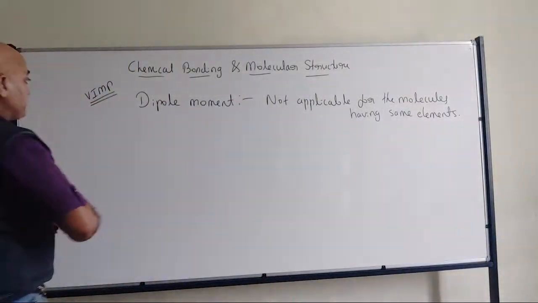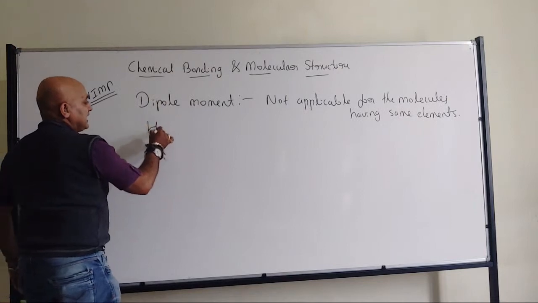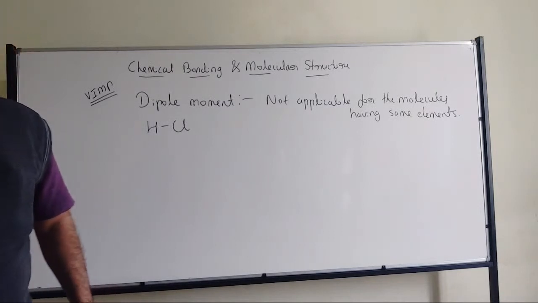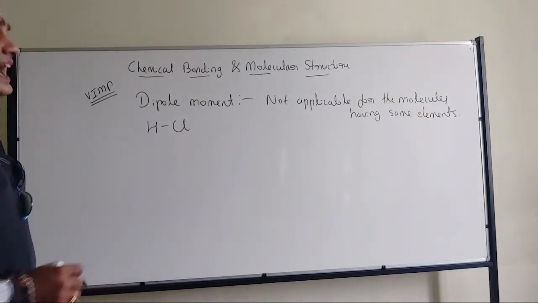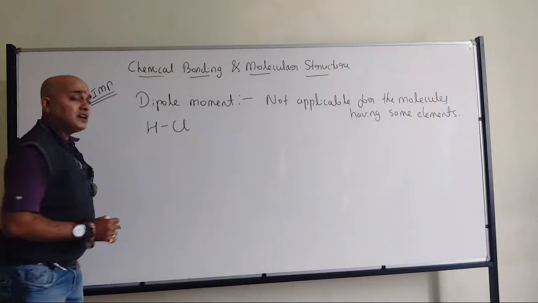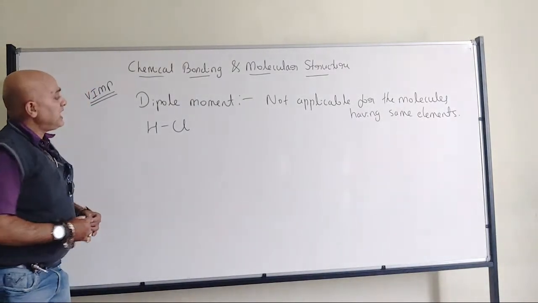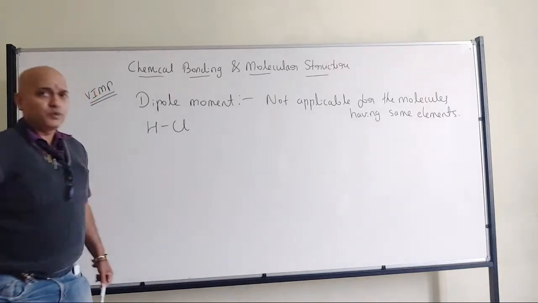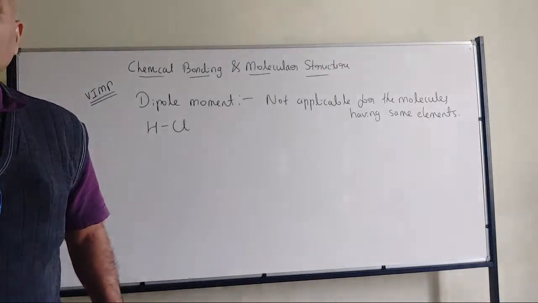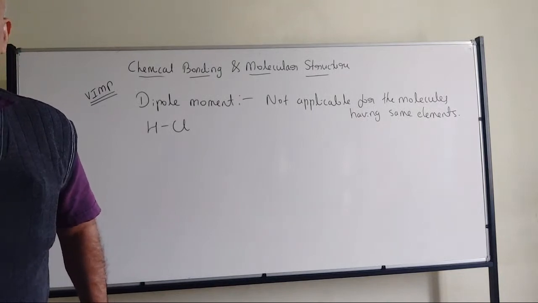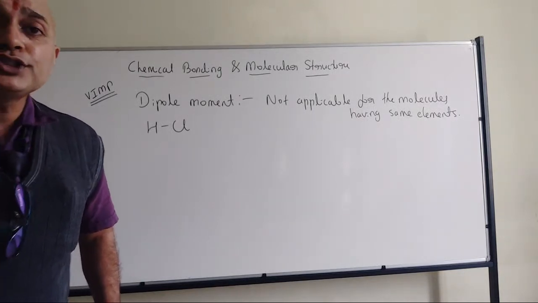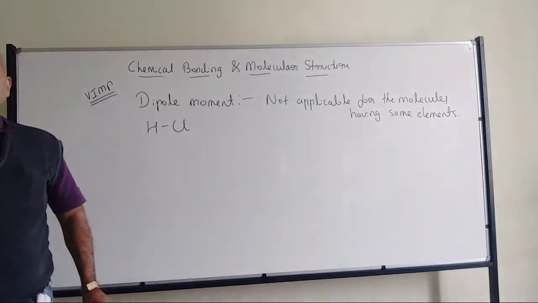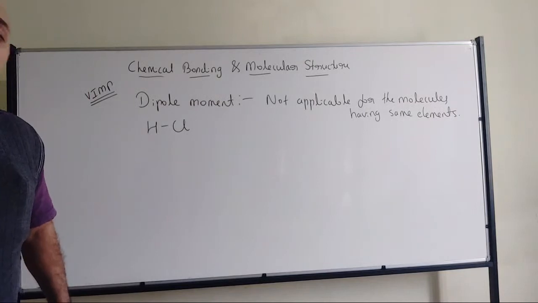Yes, Rakesh. In that case, I will take HCl, hydrochloric acid. When I am talking about hydrochloric acid, there is a presence of covalent bond between the hydrogen and chlorine. Some students get confused and think that it is an ionic compound. No, HCl is a covalent compound.